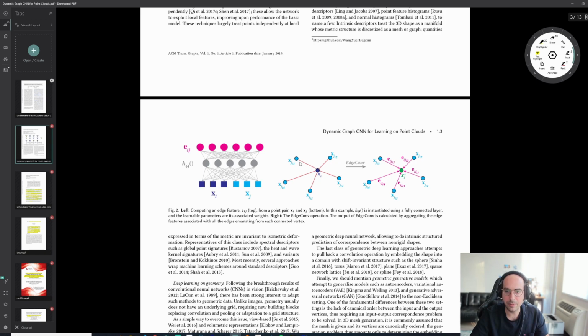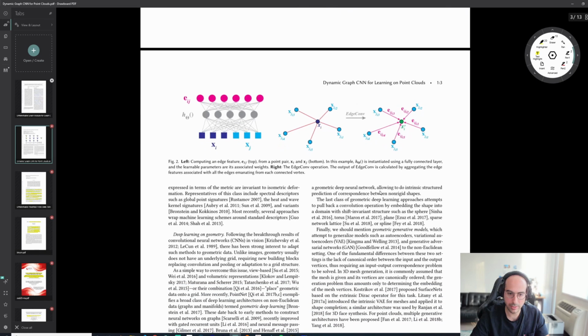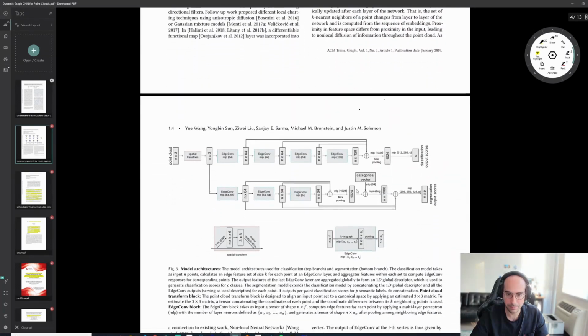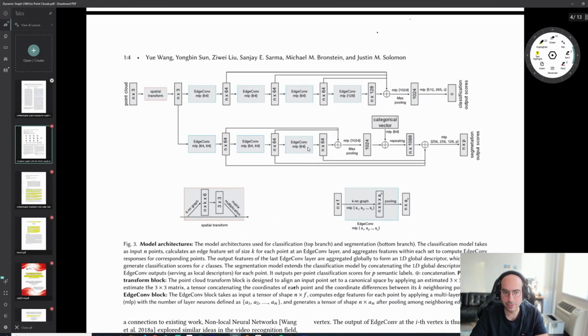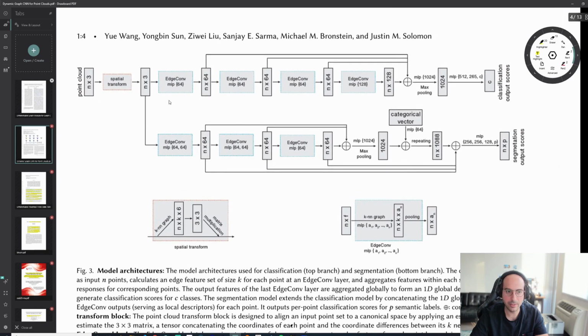Ultimately, from the point cloud that looks like this, the edge convolutional operation will update the feature of this node based on the features of its neighbors. There are multiple ways to do that, and they talk about them here. If you're interested, this is the full structure of the network they describe.